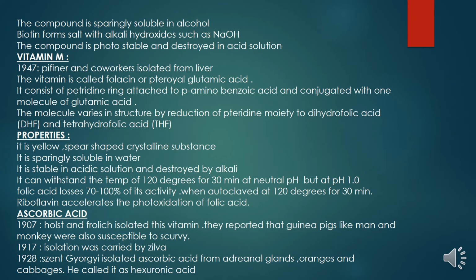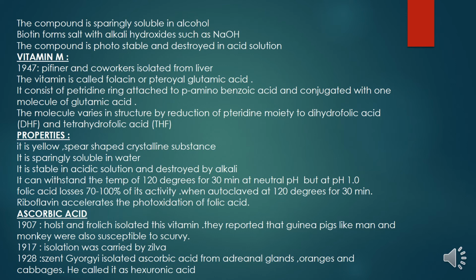Ascorbic acid. Holst and Frolich isolated this vitamin, and they reported that guinea pigs, like man and monkey, were also susceptible to scurvy. In 1917, isolation was carried out by Zilva.